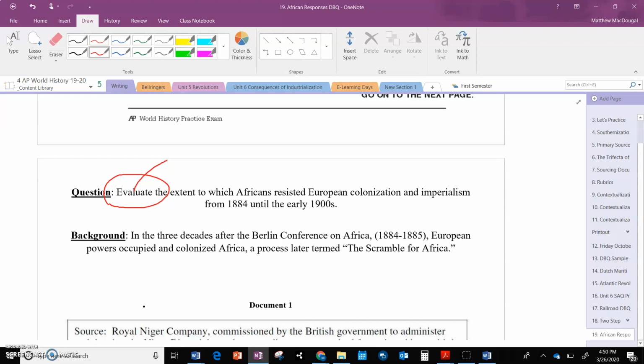So that leaves it open to interpretation, and it leaves it open to saying, in some ways they did resist, but in some ways they didn't. So you have to find out how they resisted these historical processes.